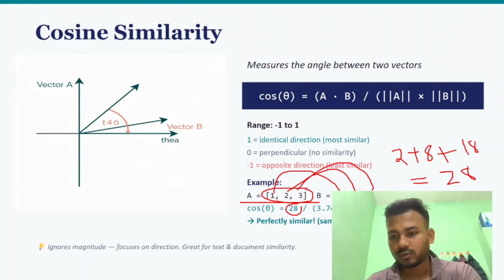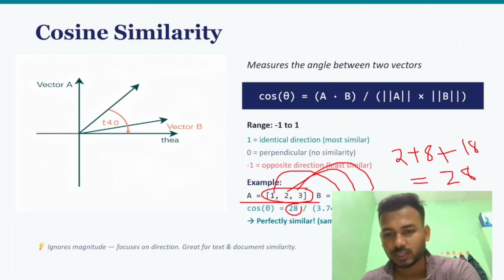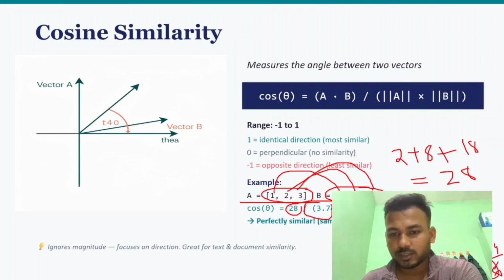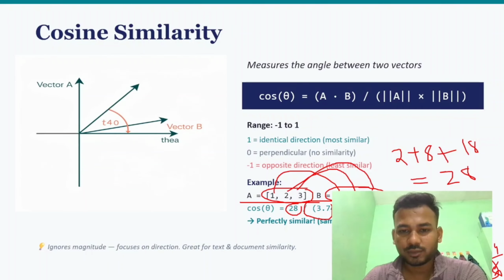Then you calculate the square root, so it's going to be in the range between 3 and 4, because 9 is the square of 3 and 16 is the square of 4. Similarly, you calculate the magnitude of the other vector. You get the number, and you do the dot product divided by the magnitudes. So you'll get the cosine similarity score.